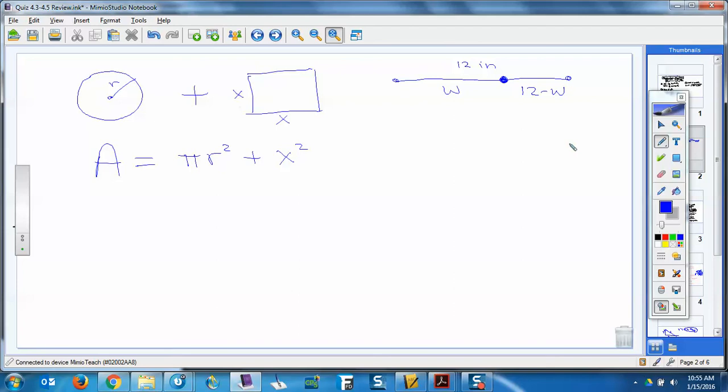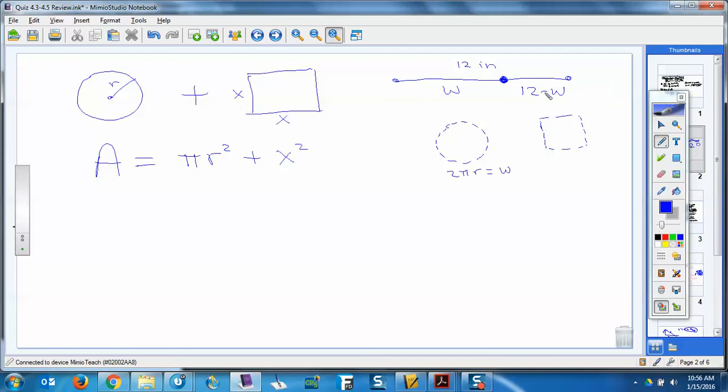Then what would we know if we took this piece and wrapped it into a circle? How could we set that up? 2 pi r would equal w. And then what's left, I'm going to make into the square.